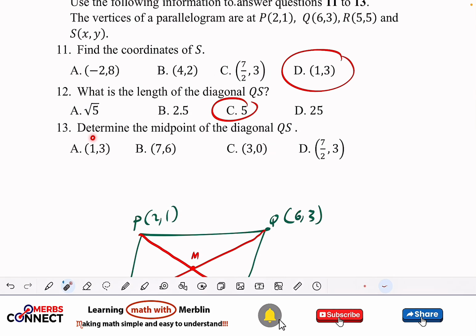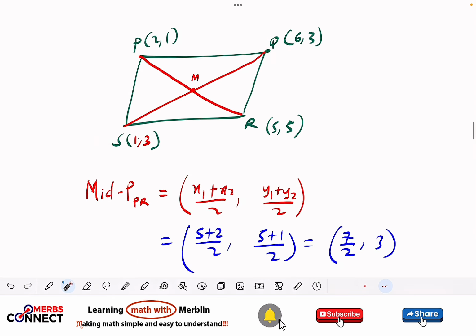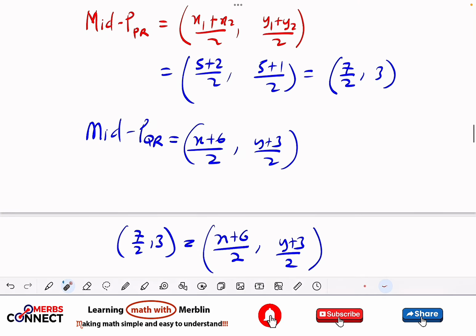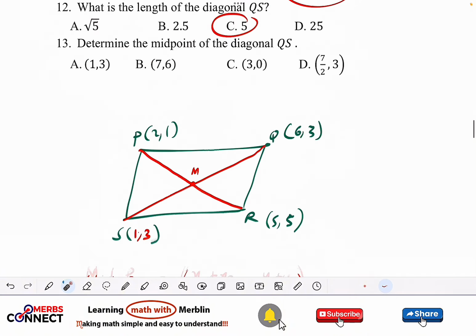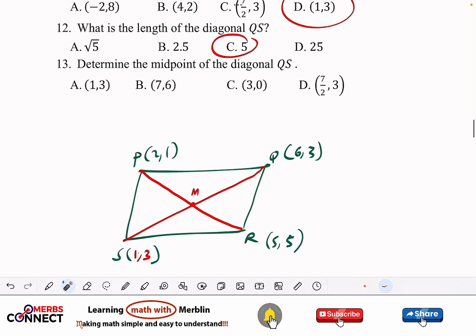Now the next question is to determine the midpoint of QS. Remember, the midpoint of the diagonals are the same. What's the midpoint of QS?